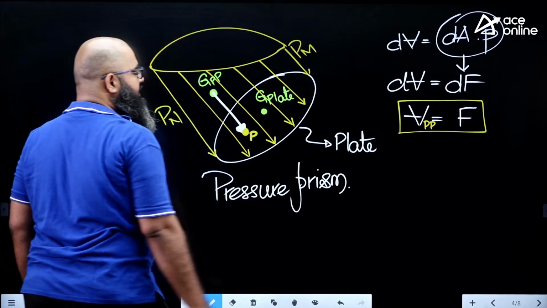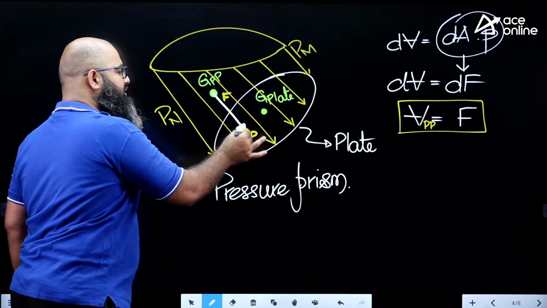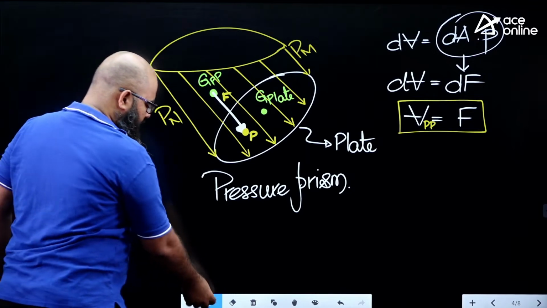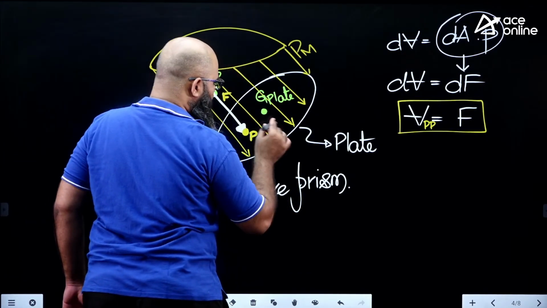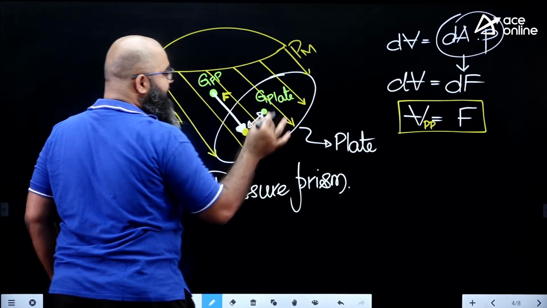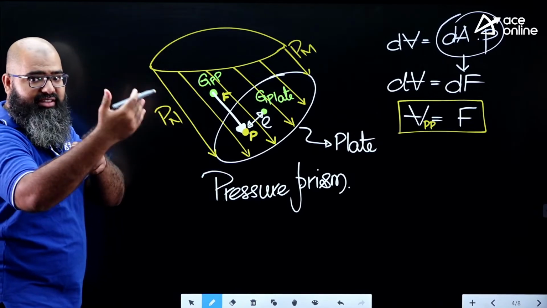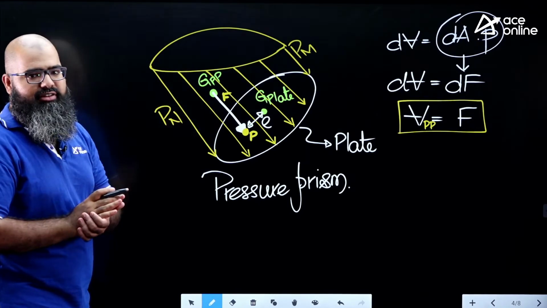That point is supposed to become center of pressure. So this is the force you are having, and this is the center of pressure you are having. And you should be in a position to answer this. What should this distance over here become? This distance over here is the eccentricity. The offset distance between centroid of plate and center of pressure is known as your eccentricity.